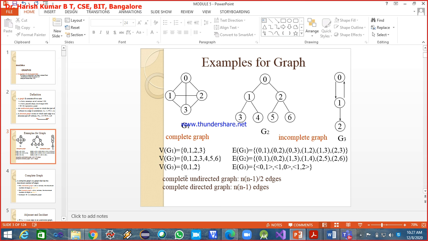Now take a complete undirected graph. G1 is the best example of it: it is a complete and also an undirected graph. What will be the maximum number of edges in a complete undirected graph? It is given by the formula n into n minus 1 divided by 2. You can check it.